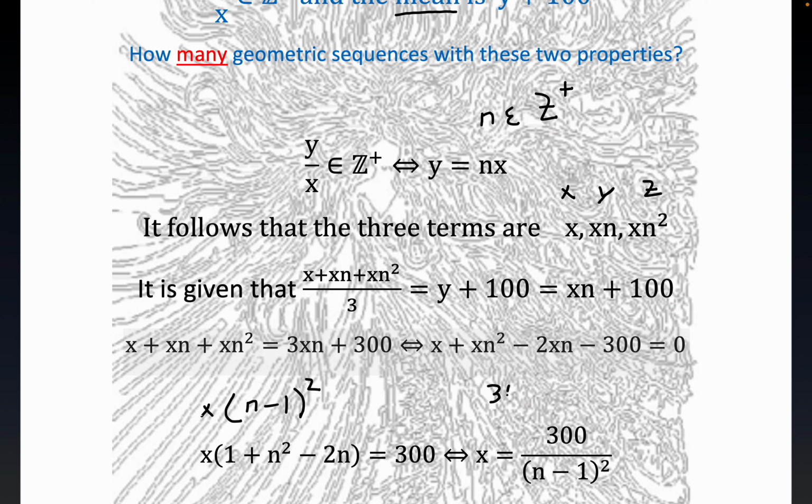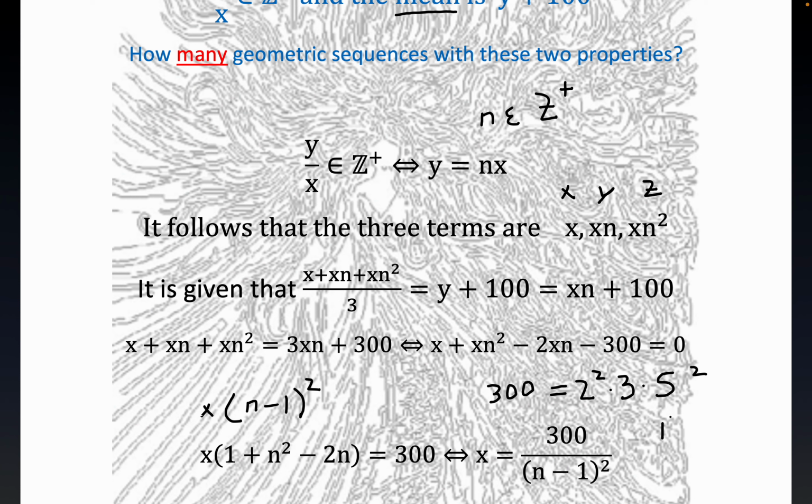300 is equal to 2 squared, which is 4, times 3, of course, times 5 squared. What's evident from this prime factorization is that 1 is always going to be a perfect square factor of anything, so that's trivial.